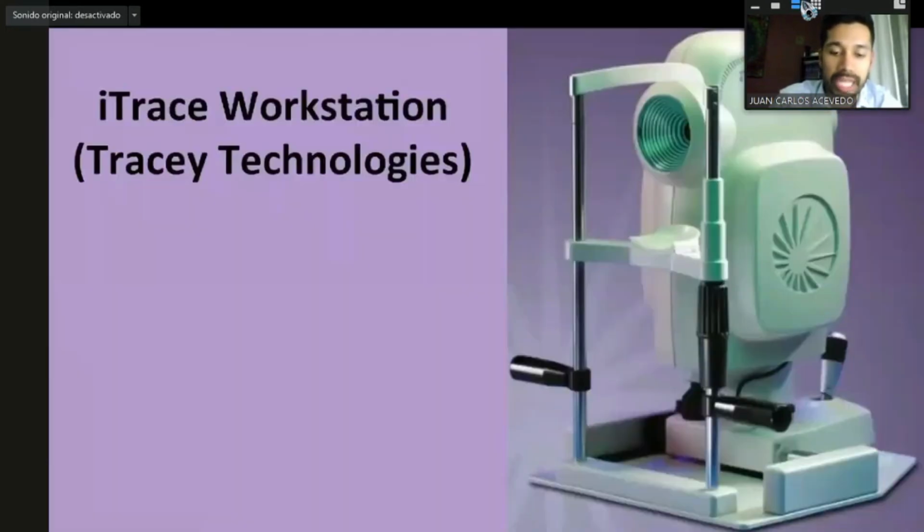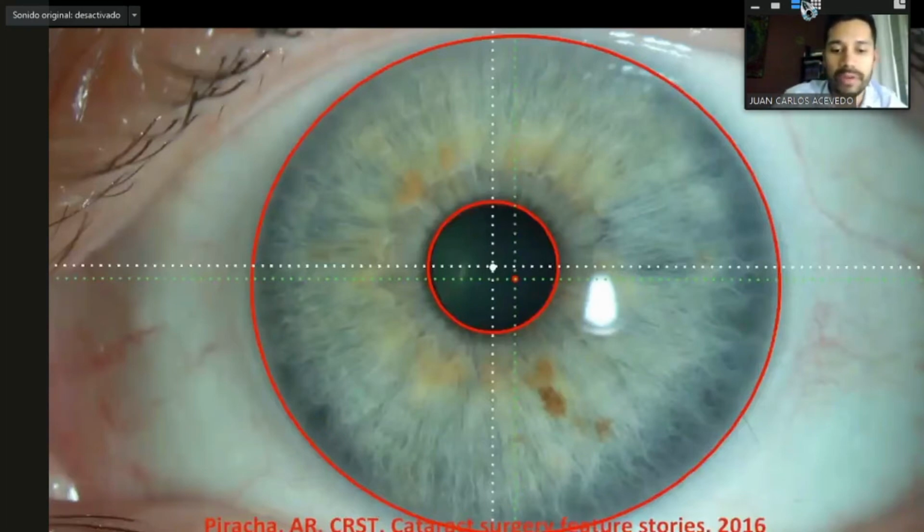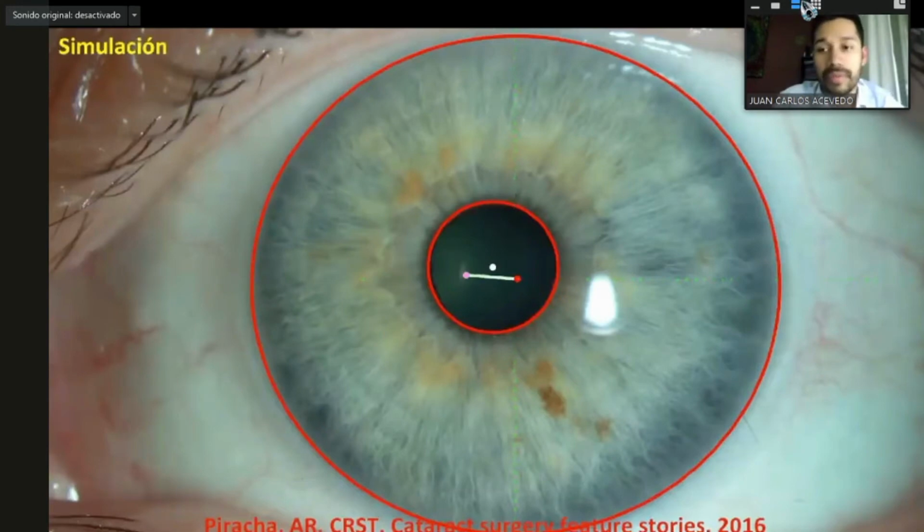To measure this angle, the Eye Trace workstation device is used, which identifies the optical axis located in the cornea and gives approximate values that are useful in deciding whether a multifocal lens should be implanted.